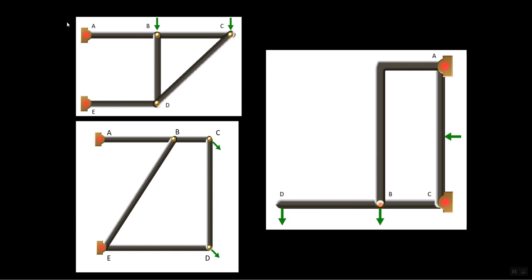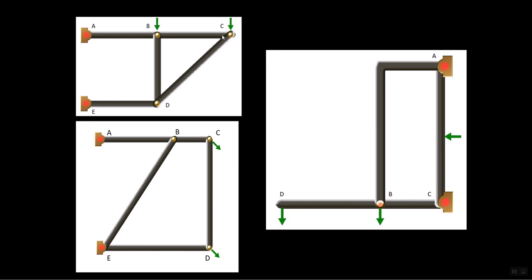Let's identify some two force members on these structures. On member ABC, there are three forces, one coming from the pin at A, one coming from the pin at B plus the load, one coming from pin at C plus the load.